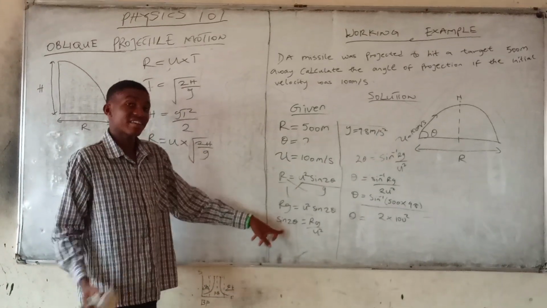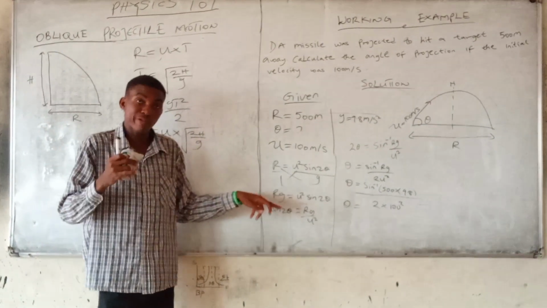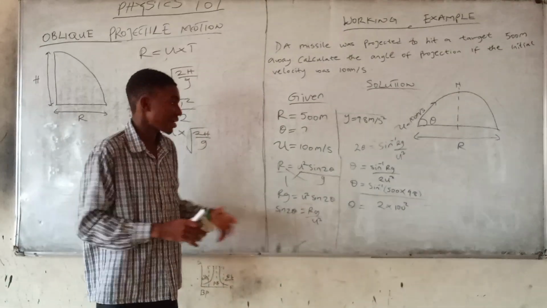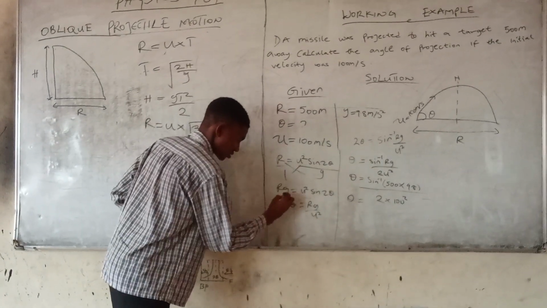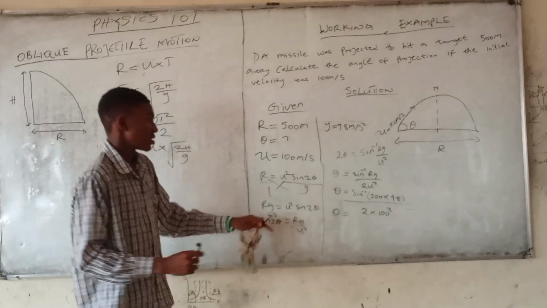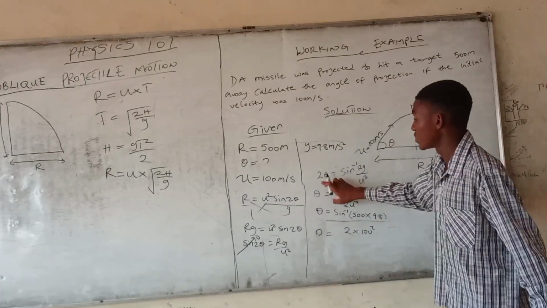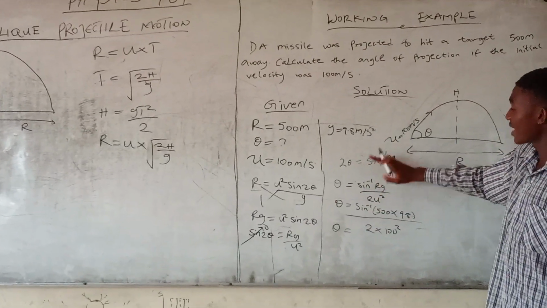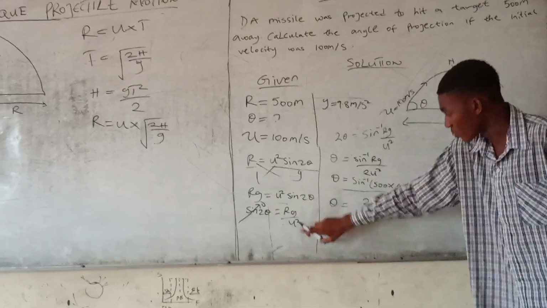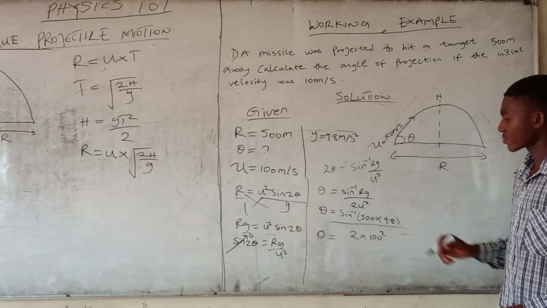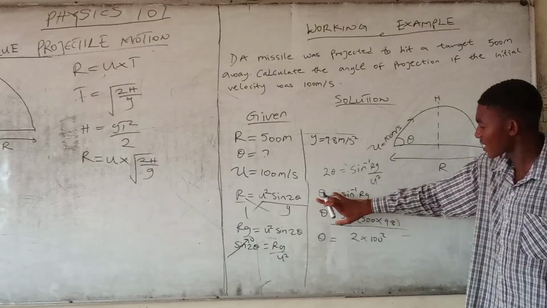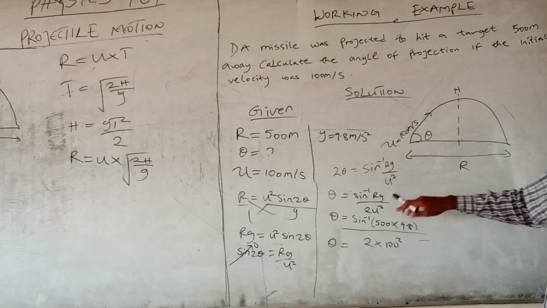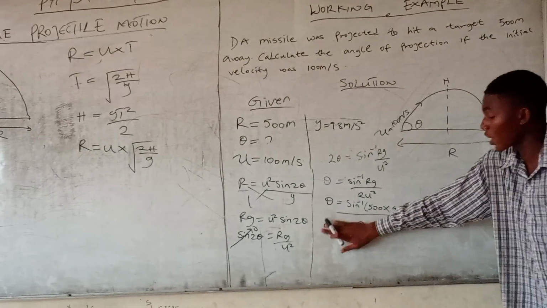But there is a sine here, so we took sine inverse of both sides. The sine cancels out, and the remainder is 2 theta equals sine inverse of R g over u squared. But there is still a 2 here, so we take the 2 to the other side. That is theta equals sine inverse of R g over 2u squared. Now if we put in our values and calculate, you get your final answer.